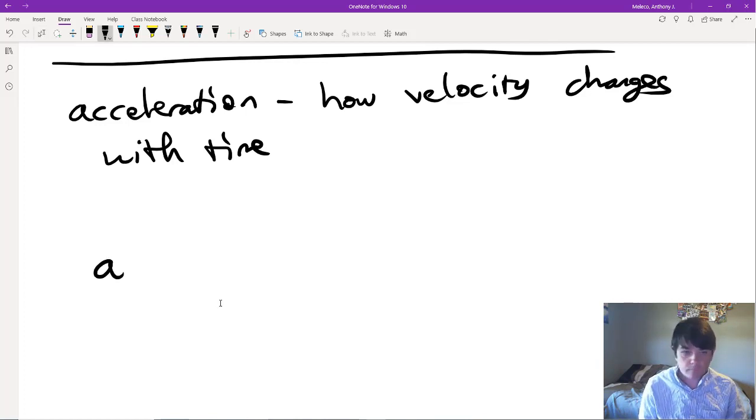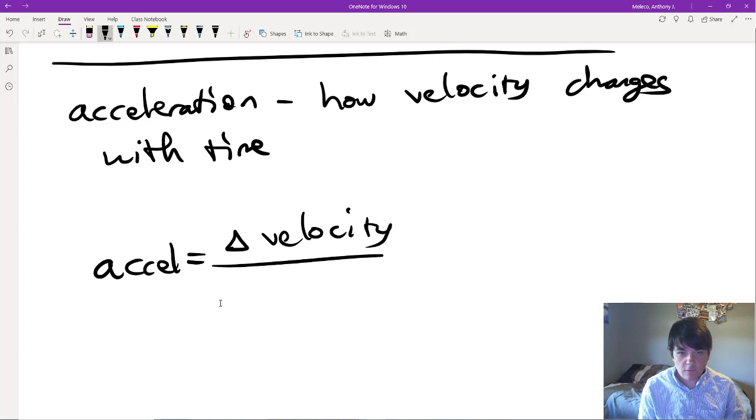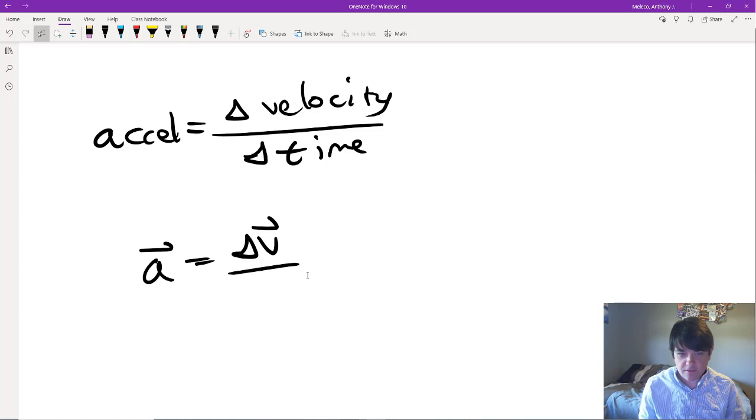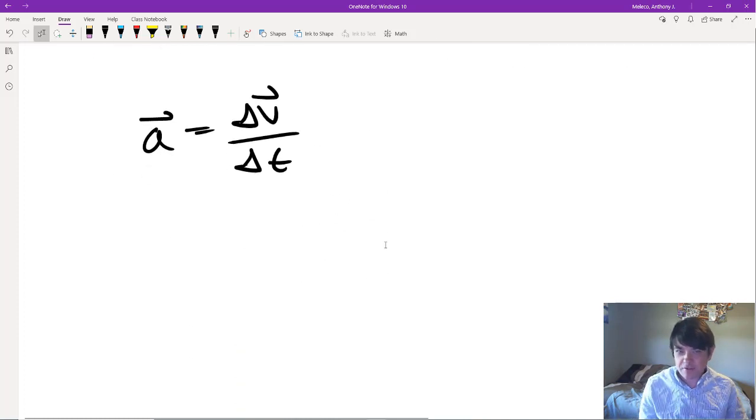So acceleration equals change in velocity over change in time. We write acceleration with an a with a vector over it, and then delta v over t. You must be wondering, where's the positive only version of acceleration?